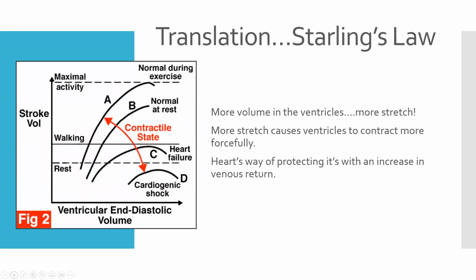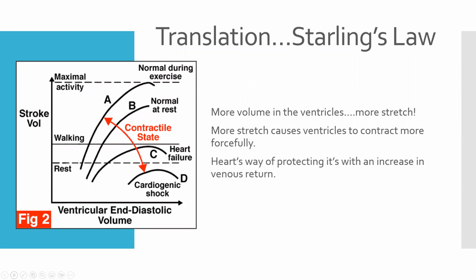A little bit on Frank Starling. So really, looking at what can happen with the contractile state being diminished in D, with an extreme example of cardiogenic shock. And then all the way up, near the top there, A is what you'd have with your contractile state being high, in the case of an individual, normal during exercise, and has a good compensatory mechanism where their actual stroke volume, not just the heart rate, but the stroke volume increases in normal response.